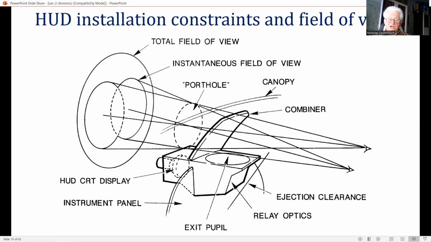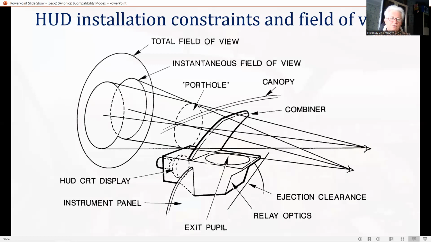The total vertical FOV of the HUD can be increased to around 18 degrees by the use of a dual combiner configuration, rather like a Venetian blind. Effectively, two overlapping portholes are provided, displaced vertically.